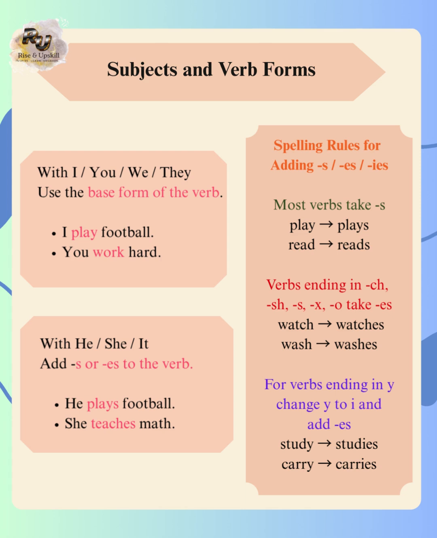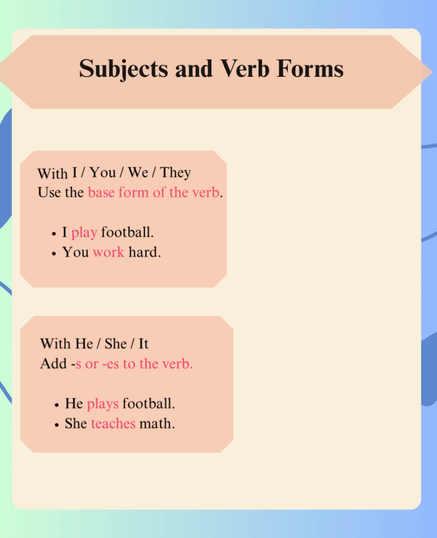For example, watch, watches. Wash, washes. Remember an important point about the words ending in y. If there's a vowel before y, keep the y and add only s. If there's a consonant before y, change y to i and add es. For example, study, studies, carry, carries.